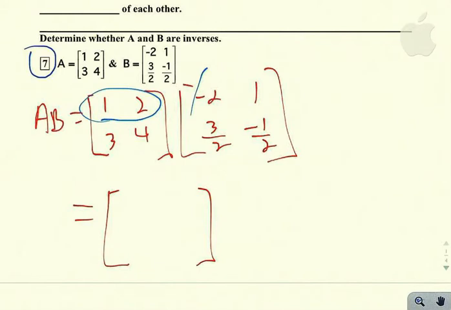This row times this column. First number is minus 2, second number is 3, add them up, you get 1. Now the first row, second column. First number is 1, second number is minus 1, add them, you get 0.